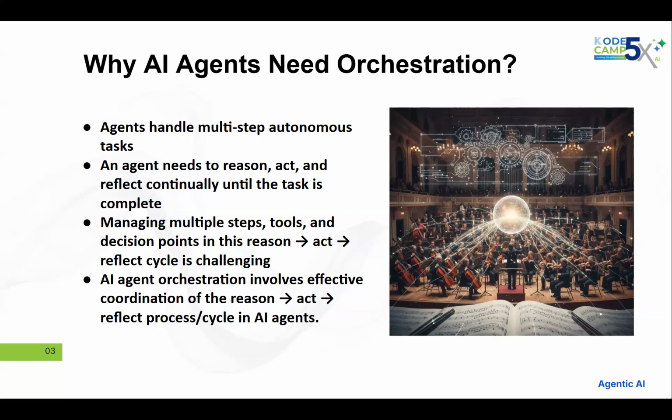And managing these multiple steps, the different tools that the agent can use, and the decision points in this reason, act, reflect cycle can be challenging. And that's why we need to orchestrate these agents.